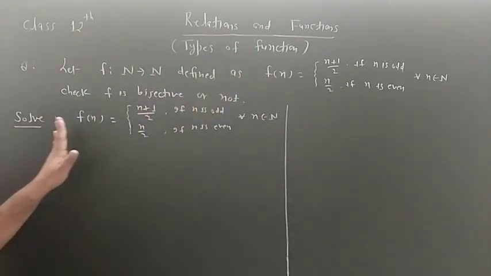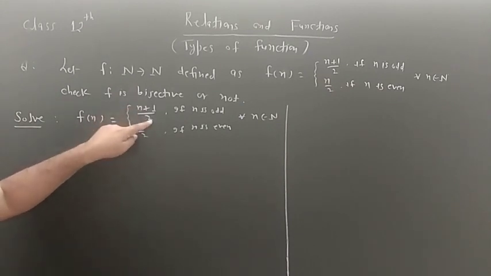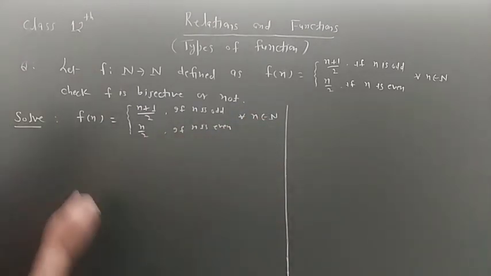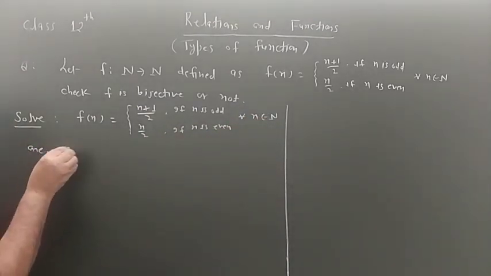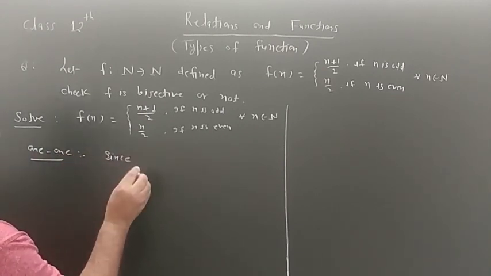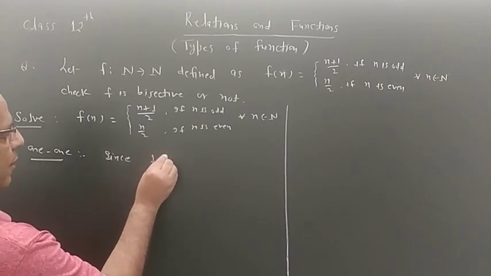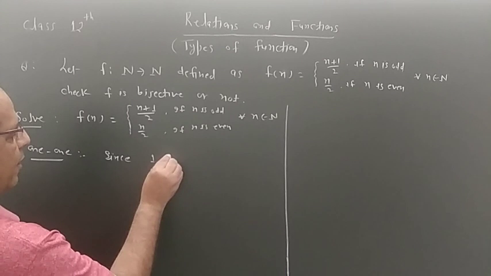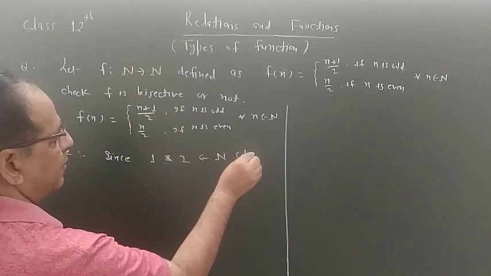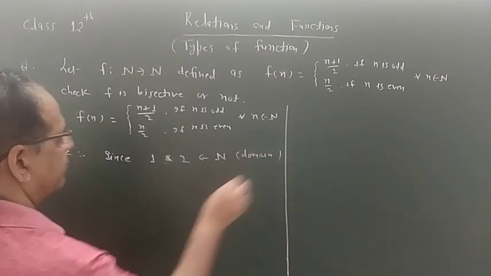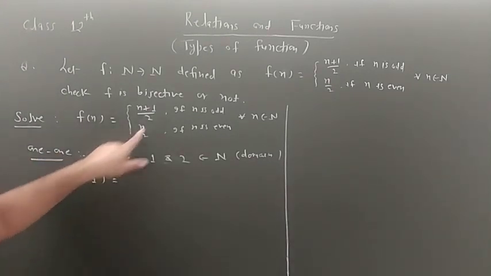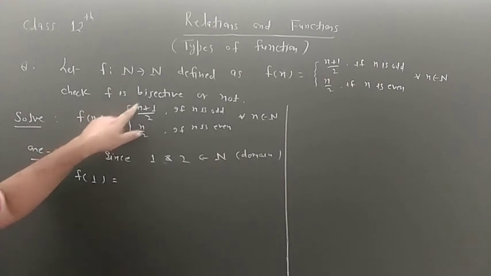So here we start with the definition of the function. f(n) equal to (n plus 1) upon 2 if n is odd, n upon 2 if n is even, for every natural number n. One-one. Since 1 and 2 are elements of the domain, consider f(1), the image of 1. 1 is an odd number, so according to the definition the value is (n plus 1) upon 2.